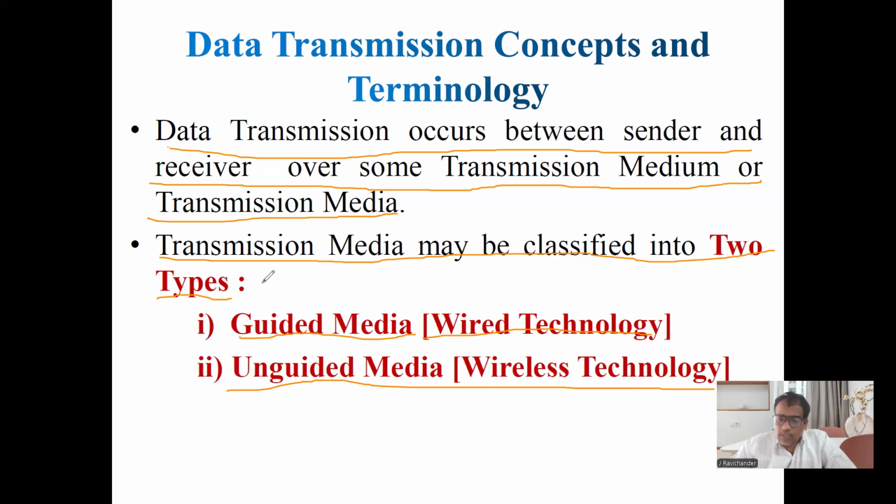We can send the information through the cables. That is called guided media. Next, another one is unguided media or wireless technology. We can send data in the air. So we have some technologies to send the data through the air. Wireless technologies.